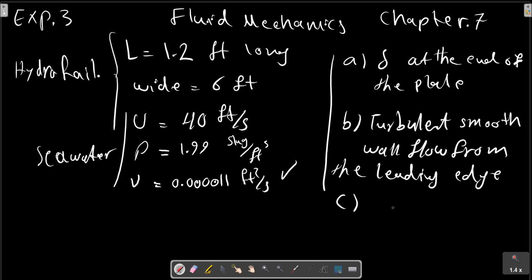C. Laminar turbulent flow with Reynolds transition.